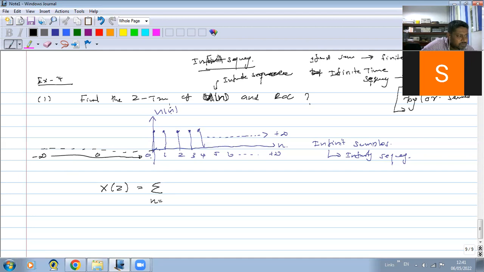So from 0 to infinity, we have an infinite number of equally weighted impulses.